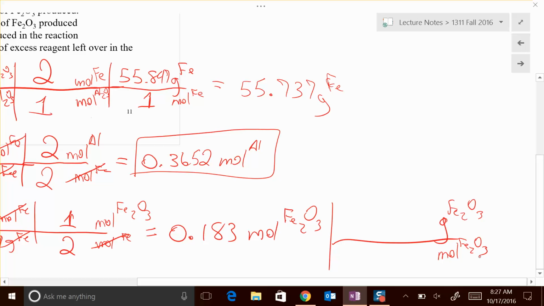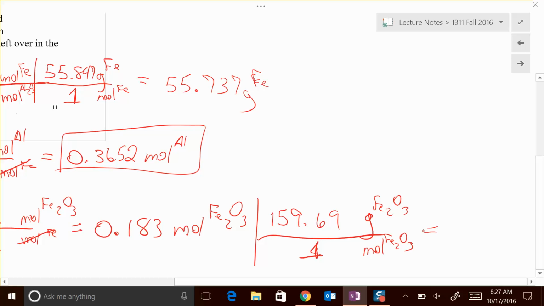Grams of moles, moles are 1. Where am I going to find this number? Good, the mass of Fe2O3 from the periodic table. Somebody find out what that mass is. 159.69. 0.183 times 159.69.